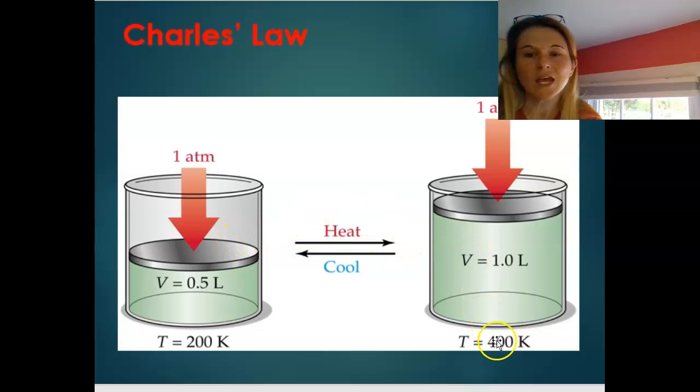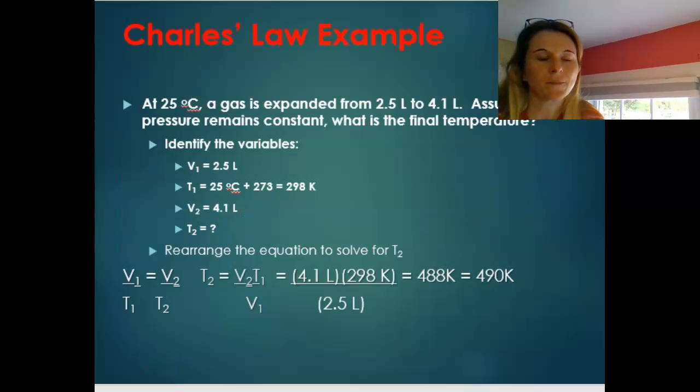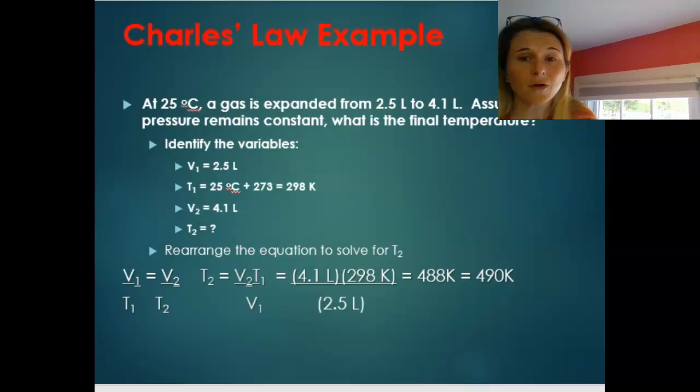If we heat it, so we're doubling the temperature to 400 Kelvin, pressure is still constant, we are going to double that volume. So double the temperature, double the volume. They are directly in relation to one another. And if we take that same cylinder and we cool it down to half the temperature, we're going to have half the volume.